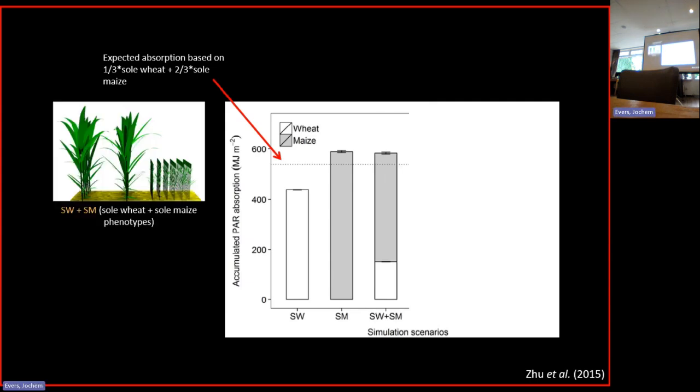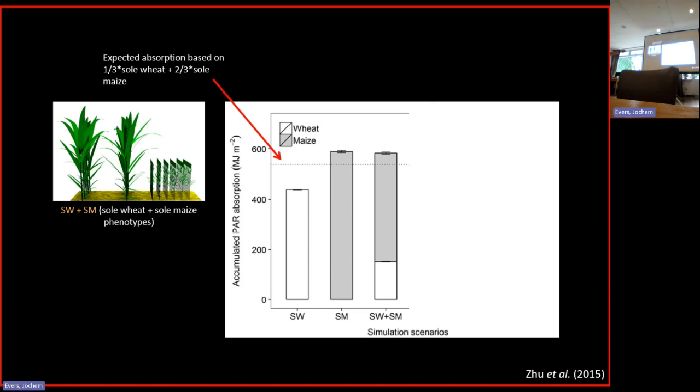Now, what did we find? In all cases where there is a stacked bar, the top is the maize and the bottom is the wheat. You cannot see it from the color. So this is what happens if you put sol wheat and sol maize phenotypes, so the plants look like they're growing in a monoculture, and you put them in an intercrop setup.